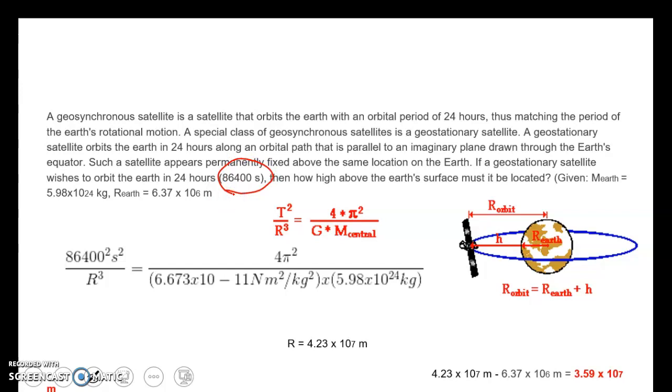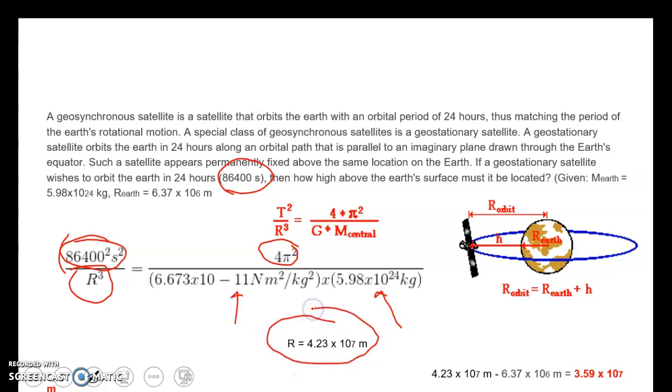Again, mass of the Earth, radius of the Earth are known. So we want to find the radius of our orbit. We square our time, 4 pi squared, constant, mass, punch the numbers in, take the cube root, and we get 4.23 times 10 to the 7th meters. So that's how far away it must be. But before we're done, we have to think about above the surface.